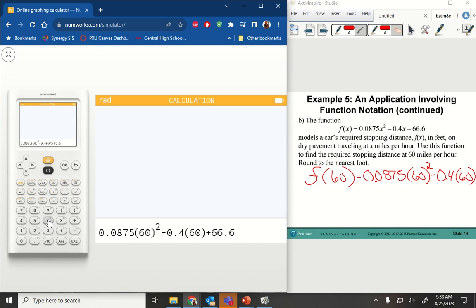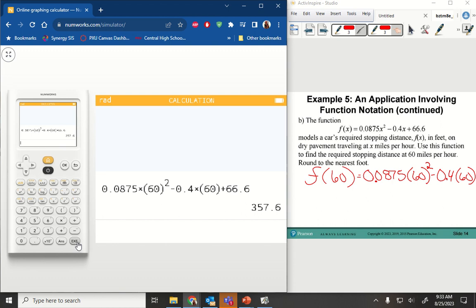It said round it to the nearest foot, so that's a whole number. I'm going to hit enter. 357.6. Now for the whole number, I look at that 0.6. What is the 0.6 going to do? It rounds up.